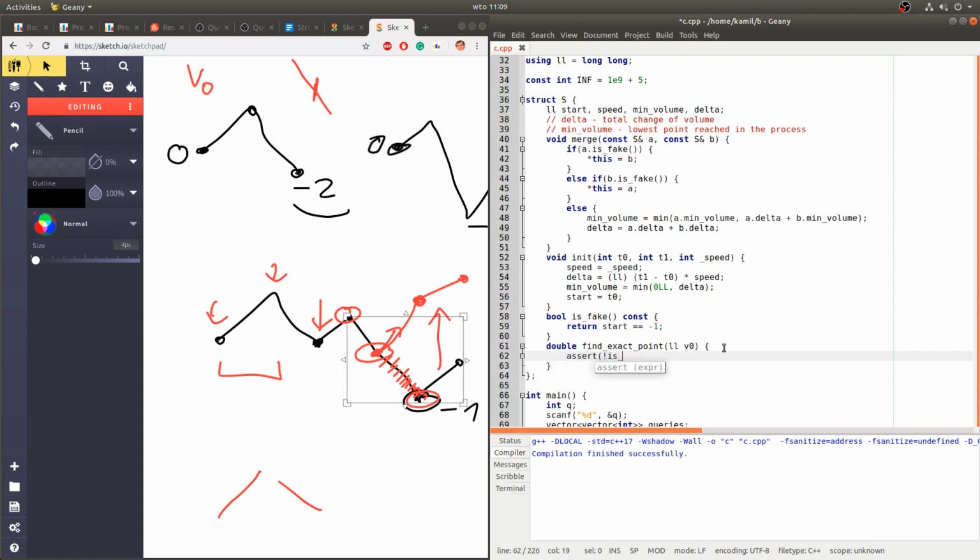Assert I'm not fake, and print return v0 divided by speed. I think starting time plus v0 divided by speed. And here I will assert that speed is negative. Yes, I think so. It should be negative. So this will be actually divided by minus speed.